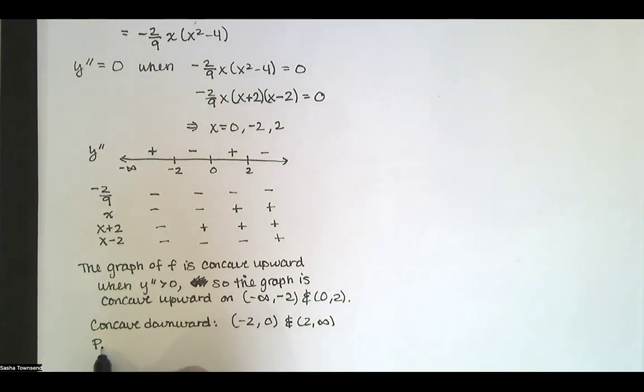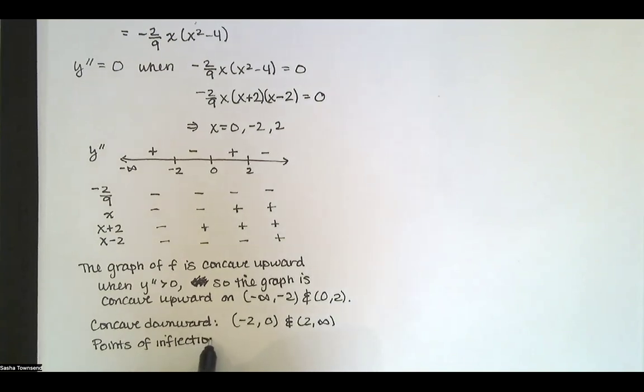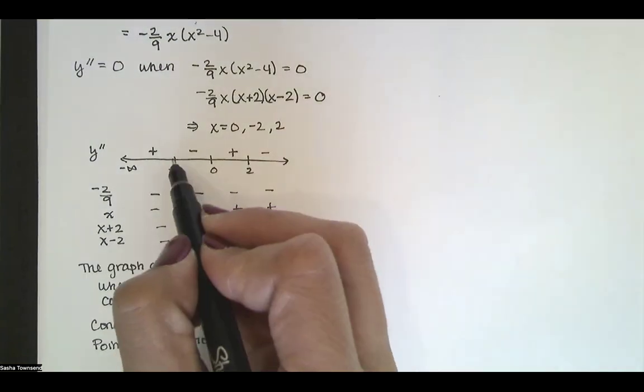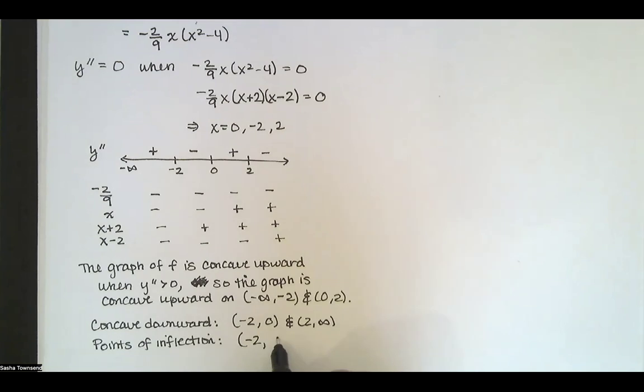So the points of inflection are actually given by this x coordinate and the corresponding y value, and this x coordinate, 0, and the corresponding y value, and this x coordinate and the corresponding y value.